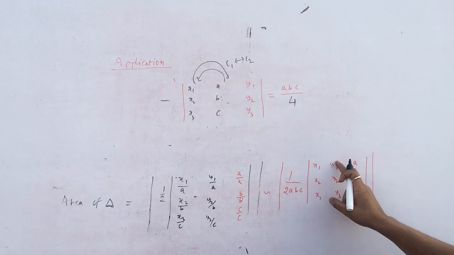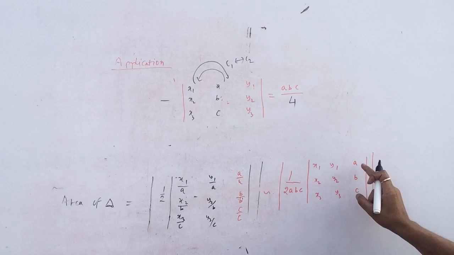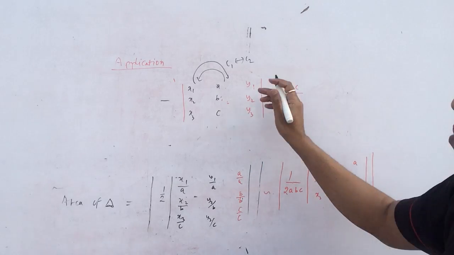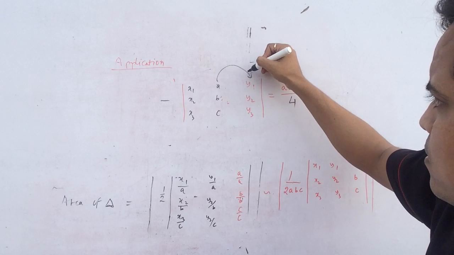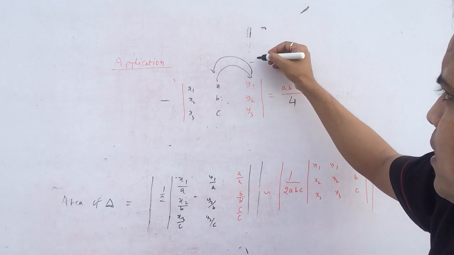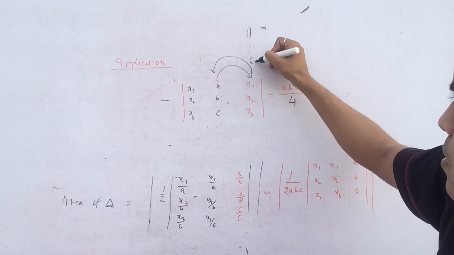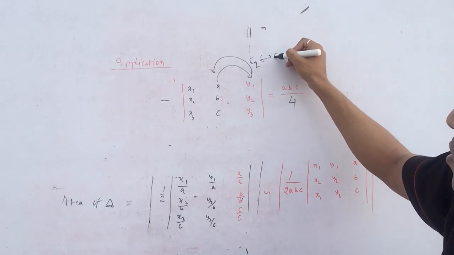In column 2 you need y1 y2 y3, and column 3 A B C. So here apply the interchange. What would you apply? Apply C2 interchange C3.